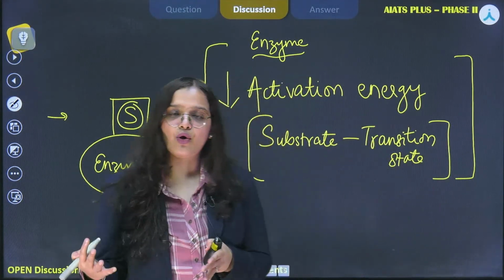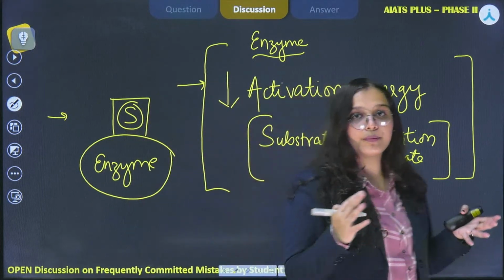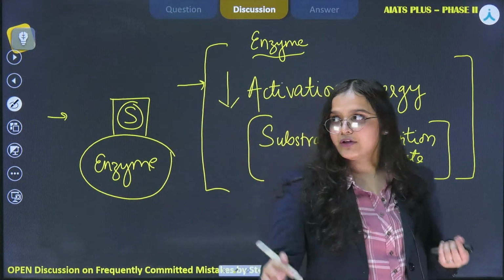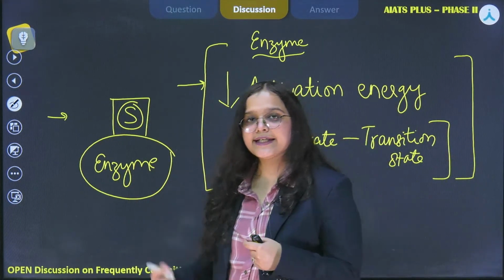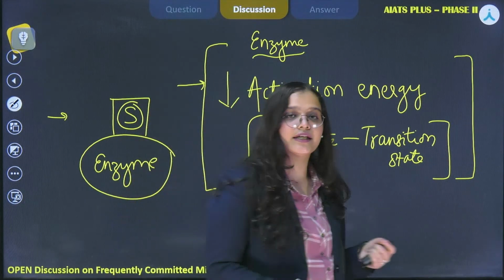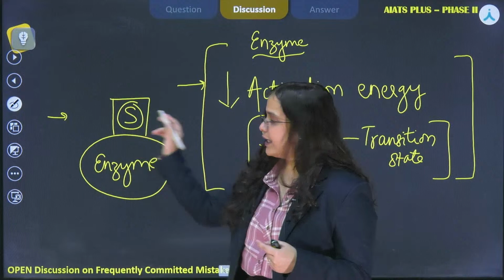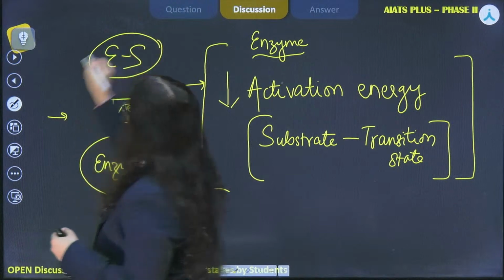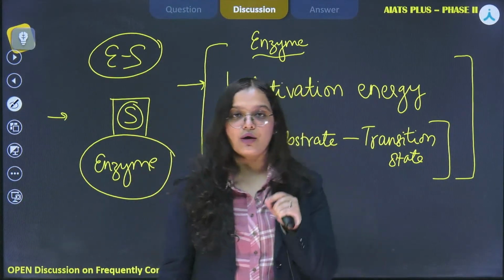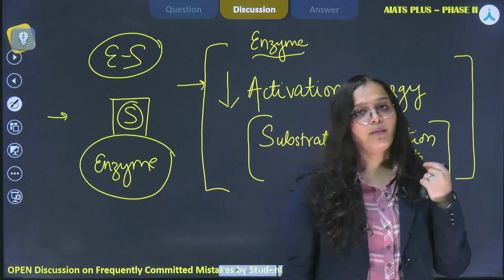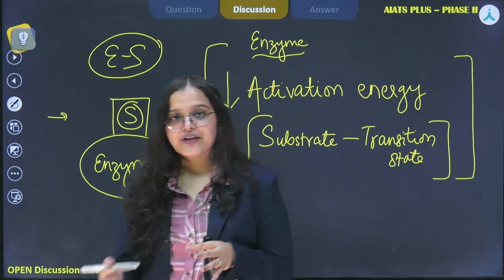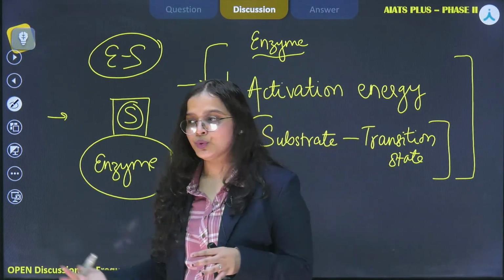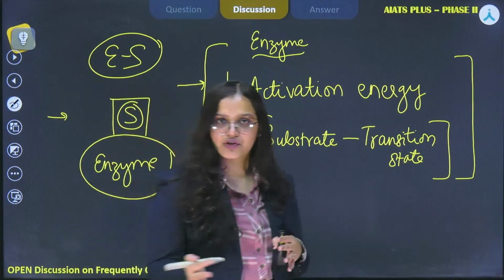There will be breaking of old bonds, formation of new bonds, and there will be different altered structural states which are also known as the transition state, and finally our enzyme binds to the substrate and forms the enzyme substrate complex. After the formation of enzyme substrate complex, there is the formation of enzyme product complex, and eventually the product is released and the enzyme is free again to be used in the reactions further.